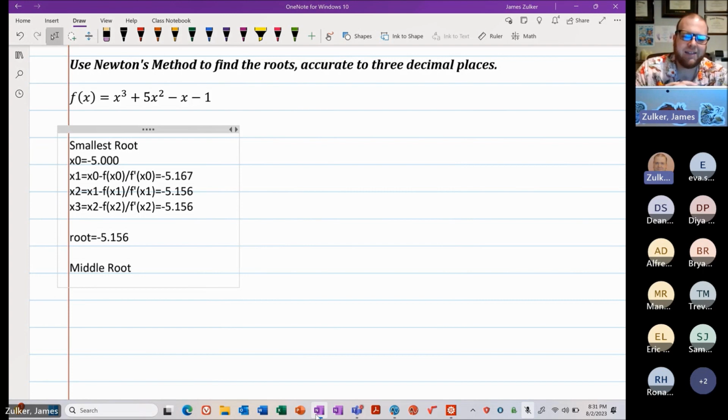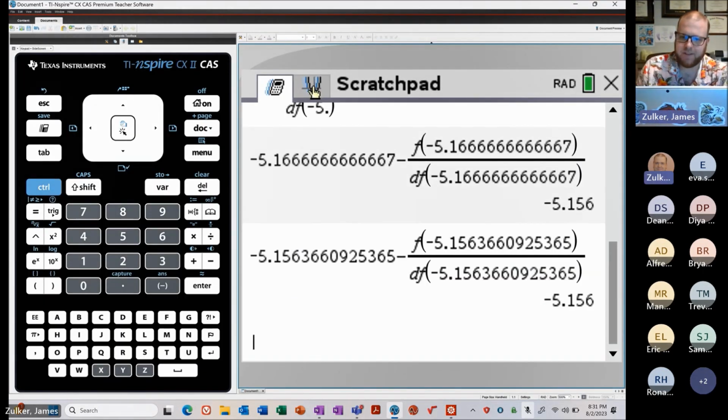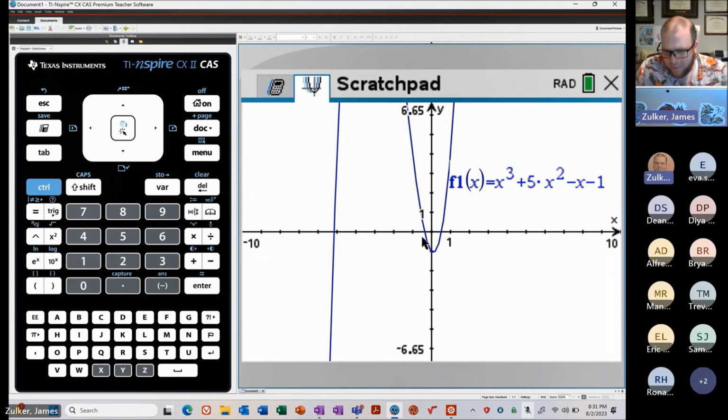All right, now let's look at the middle root. Again, we need to come back over and look at the graph. I don't know, negative 0.5.